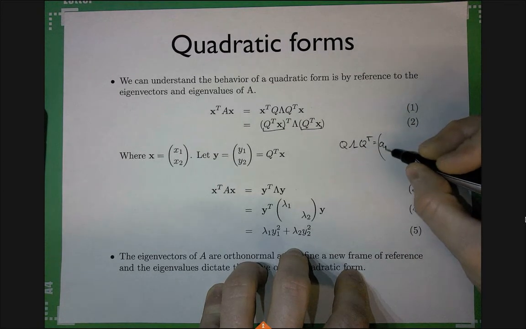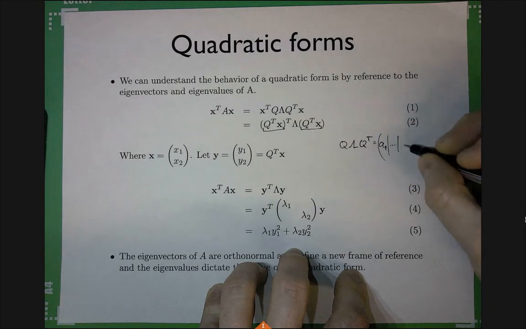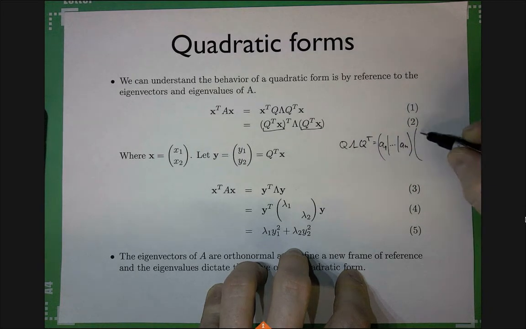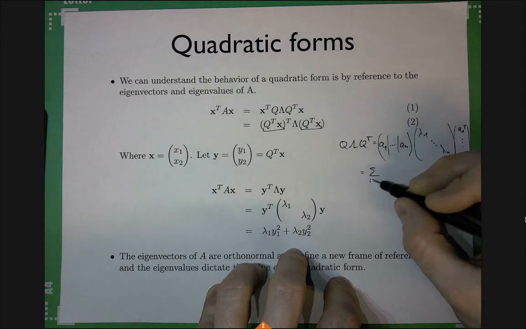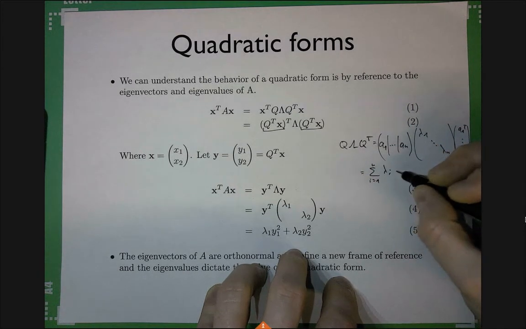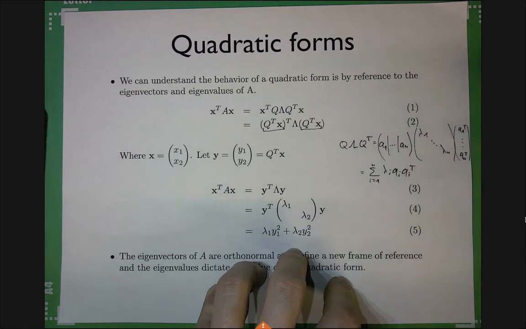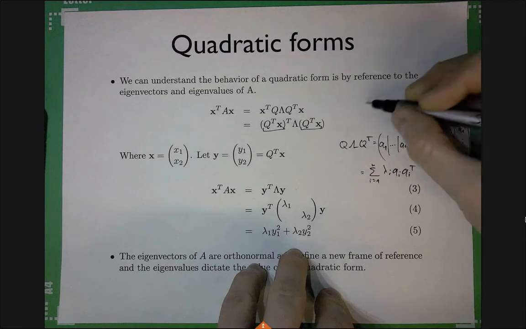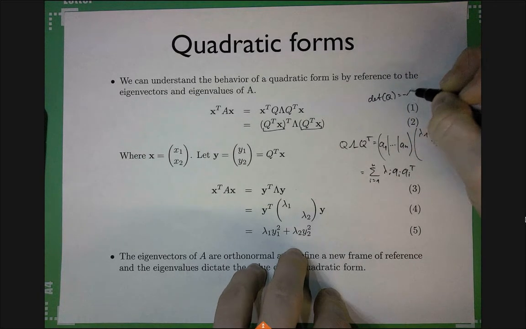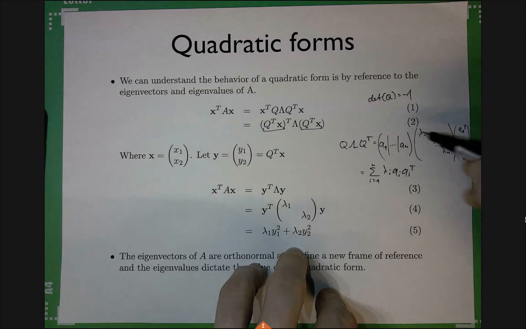That's because I can write this way, Q1 to Qn, and this is a diagonal matrix of the eigenvalues, and here is Q1 transpose to Qn transpose, right? And this can be written as a sum of outer products, lambda i Qi Qi transposed. So if it happens that I have determinant of Q being -1, that's a reflection, all I need to do is flip the sign of Qn, right?